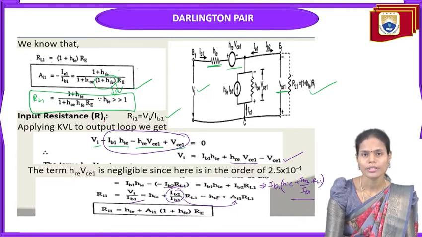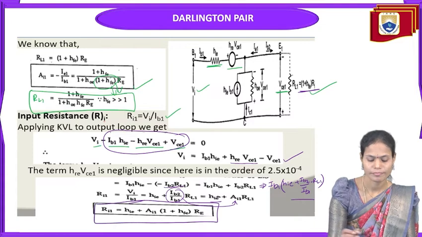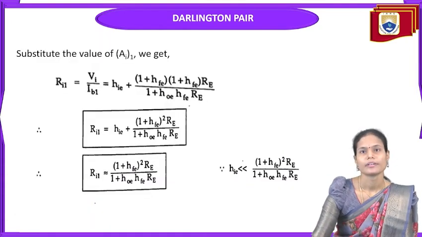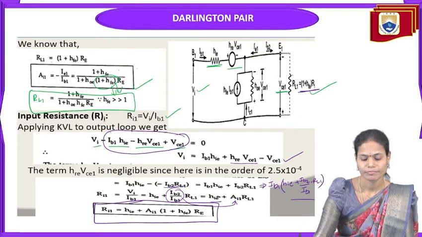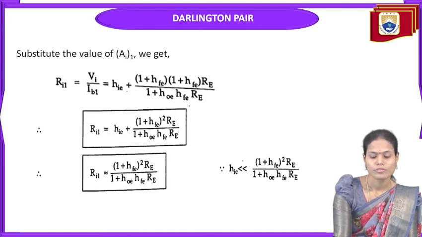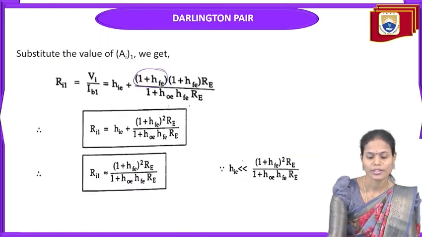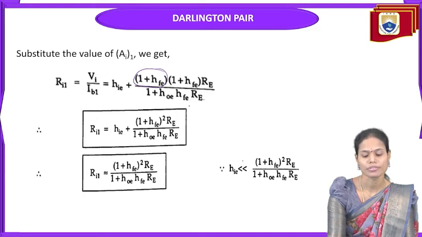So the overall input impedance of the first stage is HIE plus AI1, and again the RL1 value is 1 plus HFE into RE. And again substitute the value of AI1, this one. So HIE plus, this is the AI1 value, 1 plus HFE, and again 1 plus HFE into RE divided by 1 plus HOE HFE RE.